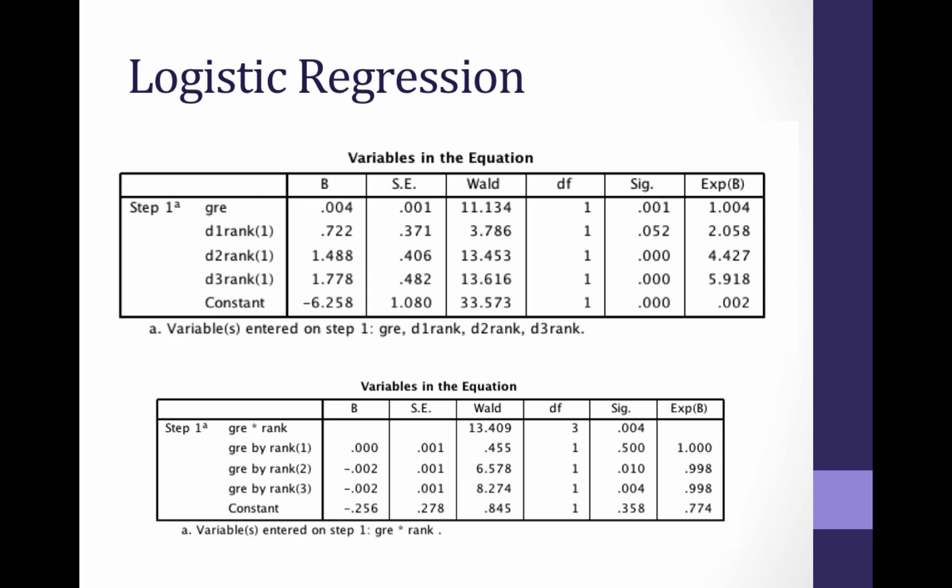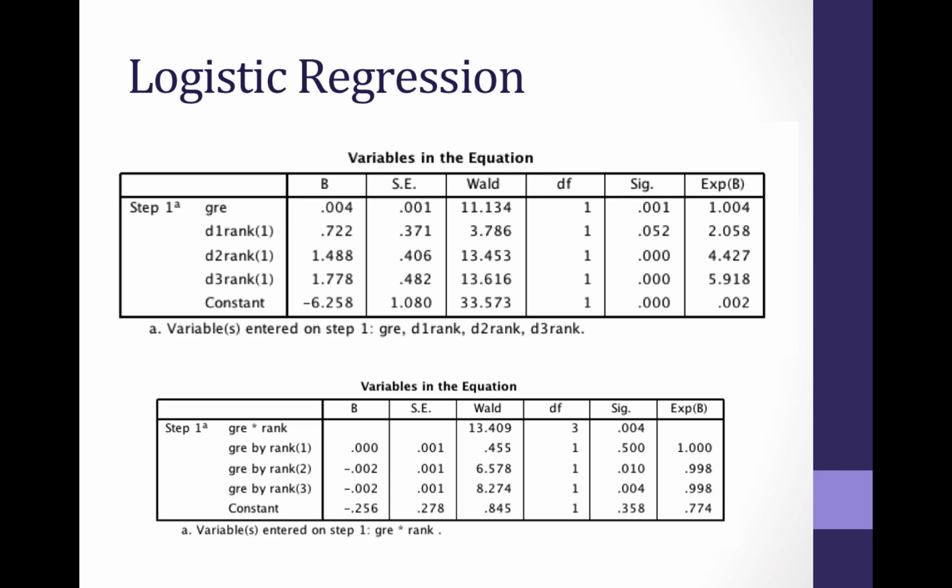For the second dummy-coded variable, the ranks were coded as 3 equals 1, and 1, 2, and 4 were coded as 0. So for every point increase in one's undergraduate ranking, the natural log of the odds of getting into grad school increases by 1.488, or 48%.